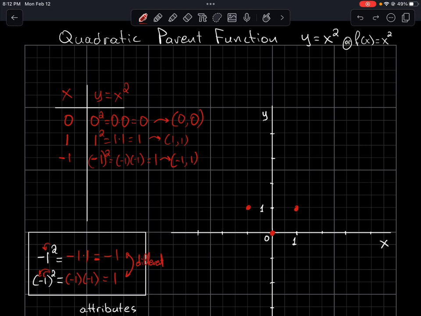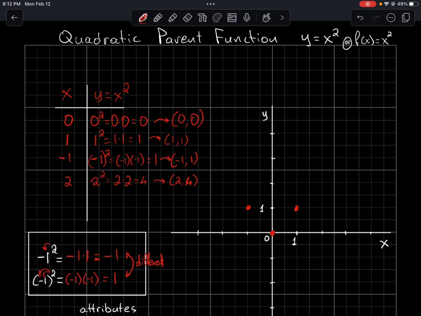So I'm gonna stay close to 0, but now I'm gonna go to the right a little bit. So the next input would be 2. What's the output? Well, it's gonna be 2 squared. Expanded is 2 times 2, which is 4. That gives me the point 2, 4.